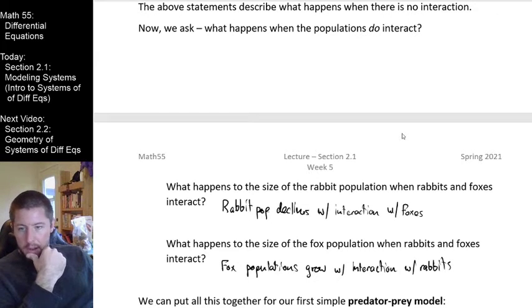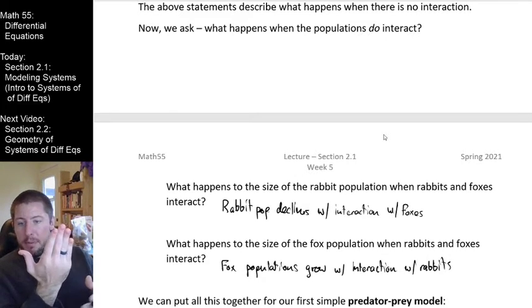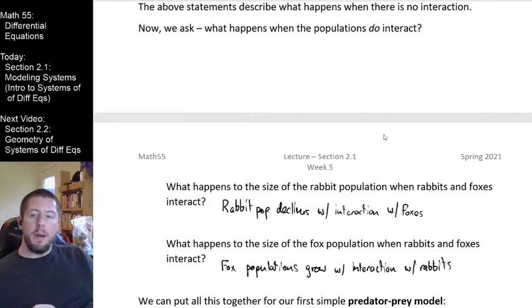So a very simple thing we could do is just multiply together the rabbit population and the fox population and take some proportion of that. Proportional to the product of the rabbit and fox populations should be a measure of how much interaction they have and what that does to alter their populations. We know that this interaction term is negative, this interaction term is positive.